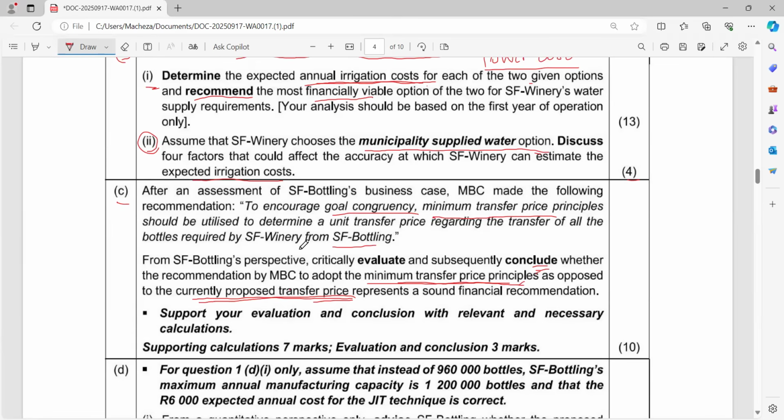From SF Bottling's perspective, critically evaluate and subsequently conclude whether the recommendation by MBC is appropriate. So we are applying this based on SF's perspective.